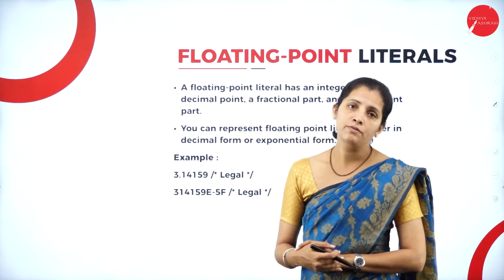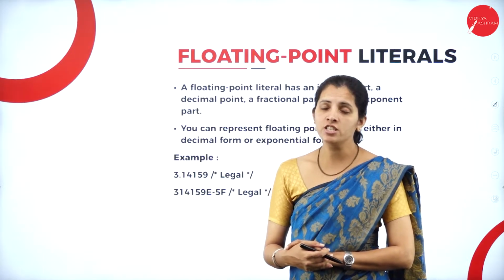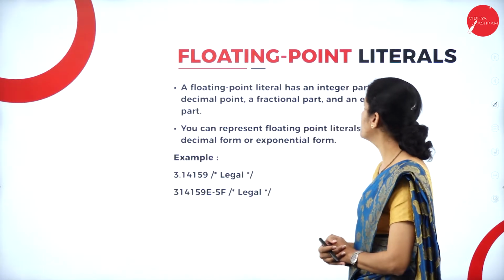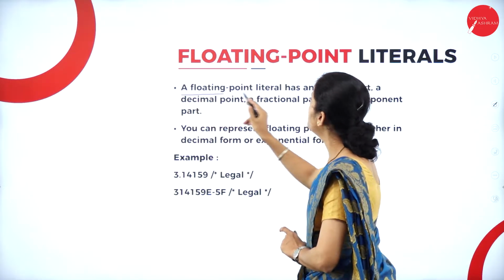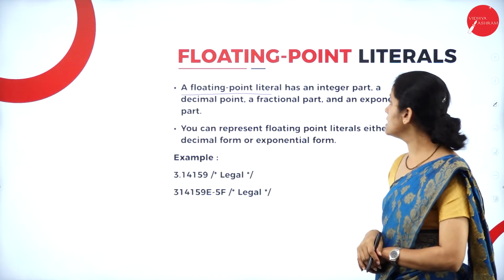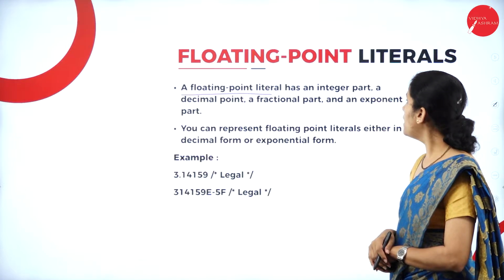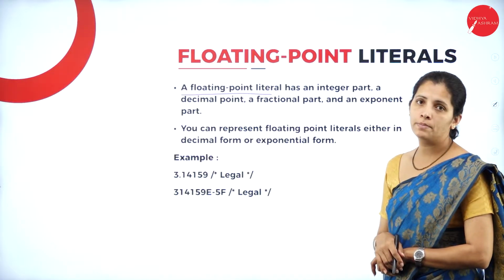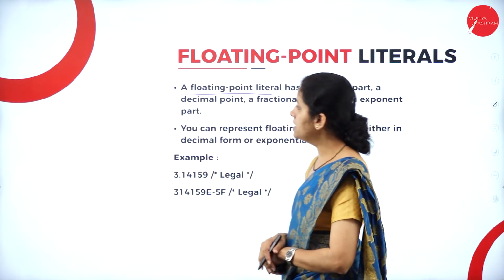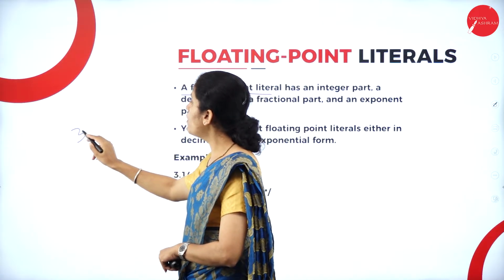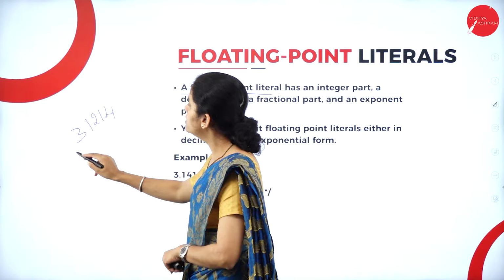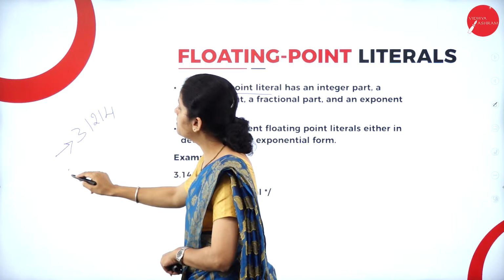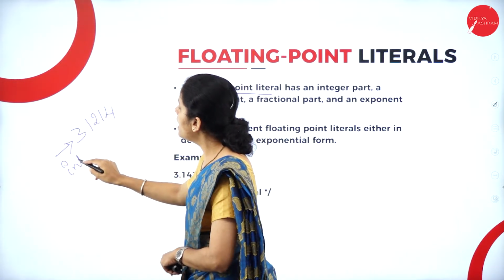Now I have floating point literals. To represent floating point or precision values, I'm going to use floating point literals. So a floating point literal has an integral part as well as a decimal part. That means if I write 3.1214, here 3 is nothing but my integral part.